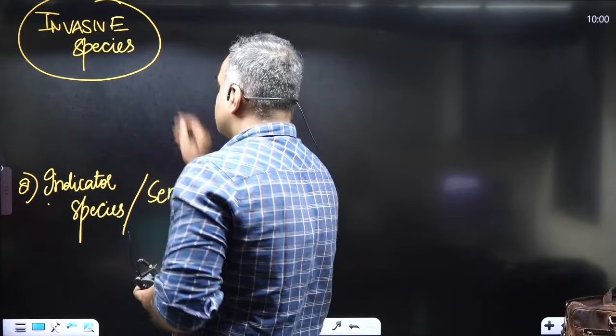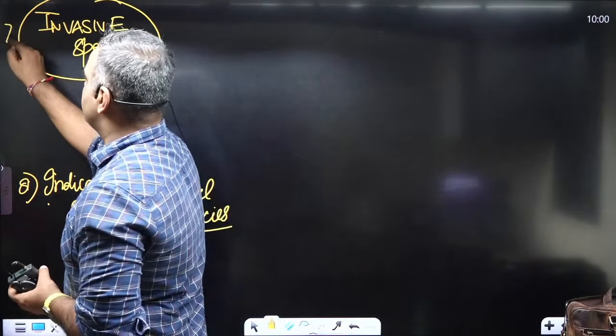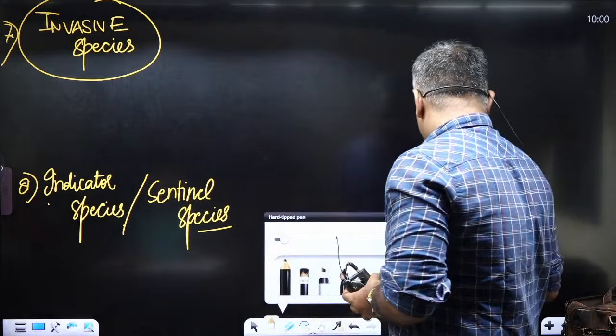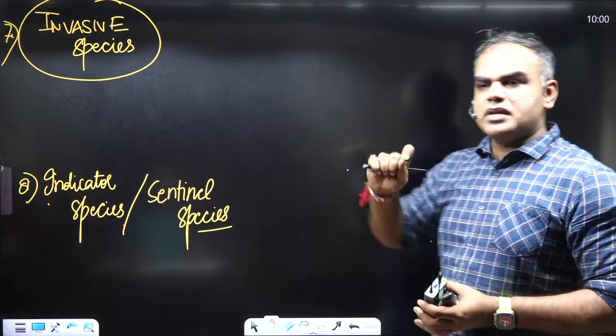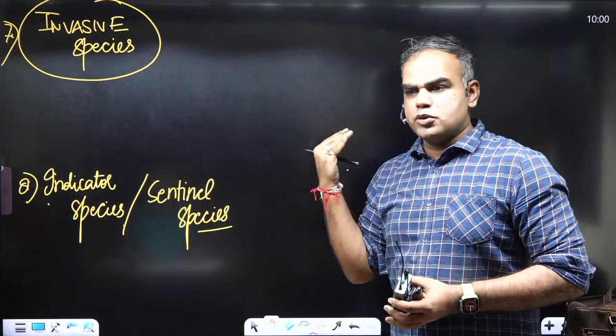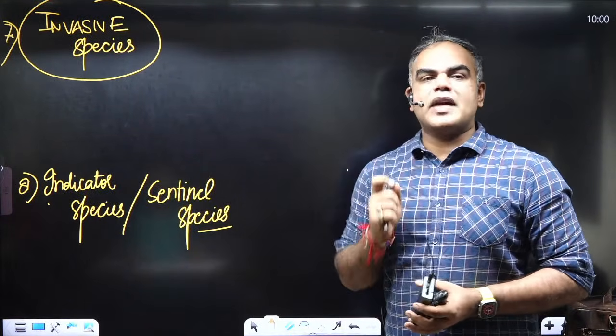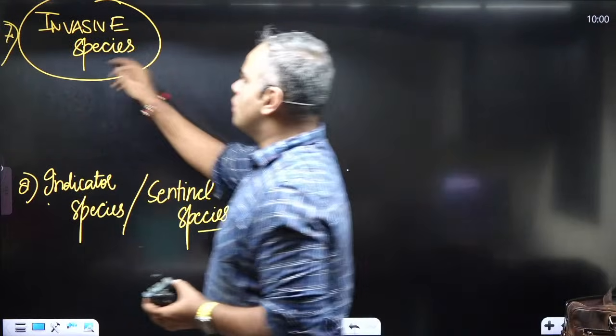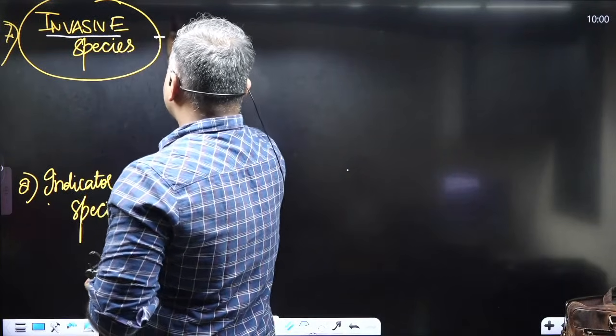Indicator of sentinel species. This is invasive. अब invasive जहां पे लिखा है margins में we will update this a lot with our additions when I do species with you specifically. अभी के लिए I'm just defining you what are invasive species. Okay, from the name, देखो, you can write few names here.